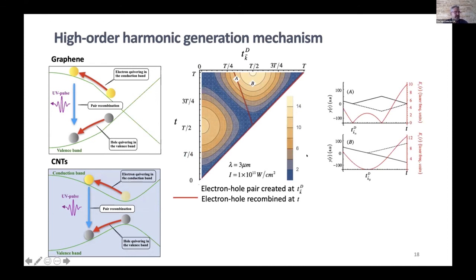So once the pair is created, the electron and the hole follow their particular trajectories, and they will recombine and emit a photon resonant with the bandgap if their trajectories overlap at some time t in direct space. This happens in panel A, as you can see, but not in panel B, because in panel B, the electron and the hole are spatially apart at the expected recombination time.